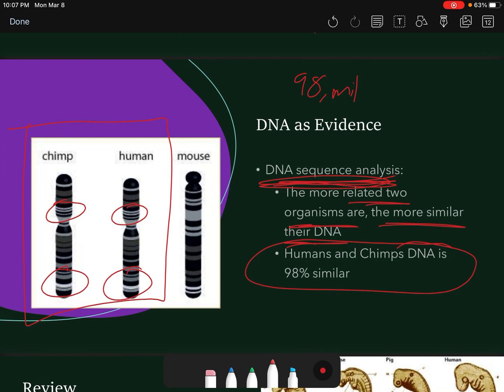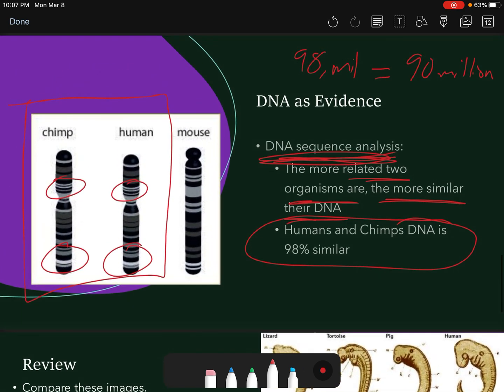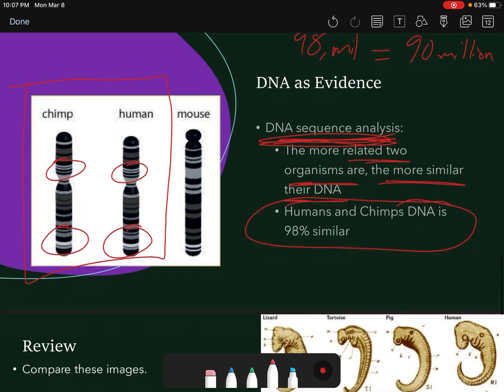We might have 98 million of those pairs. Out of those 98 million, let's say like 90 million of them are the same, so 90 million of those same pairings happen at the same positions. Okay? And we will actually be taking a closer look at what that looks like in the review.